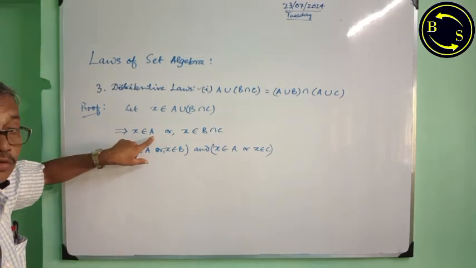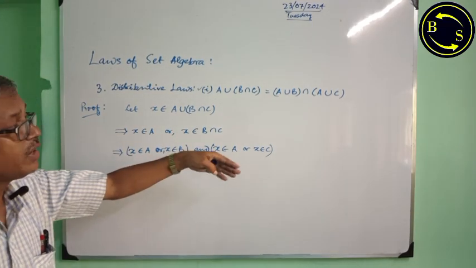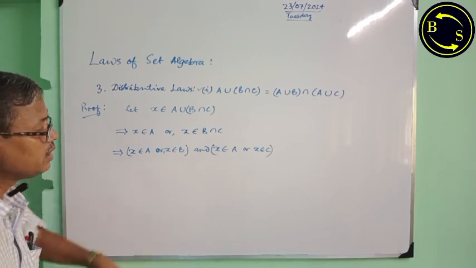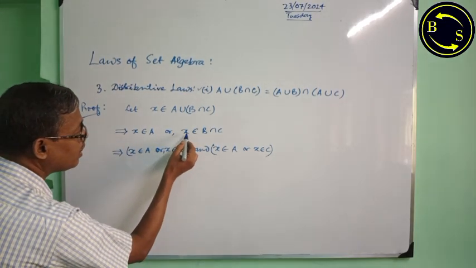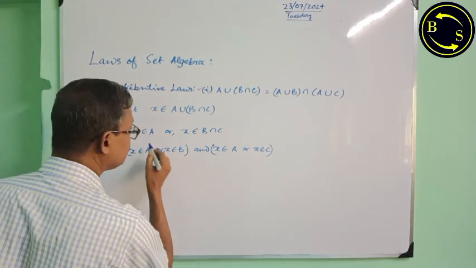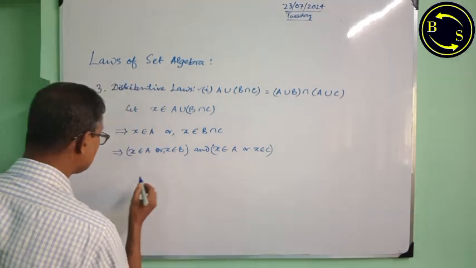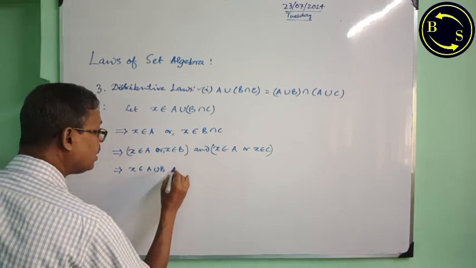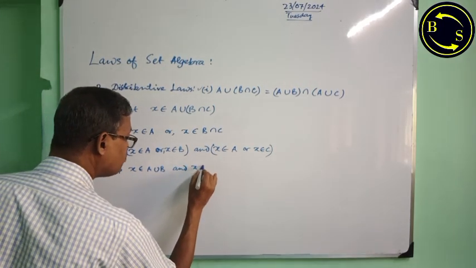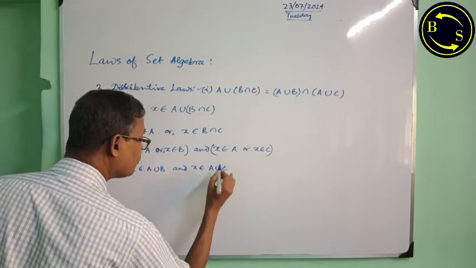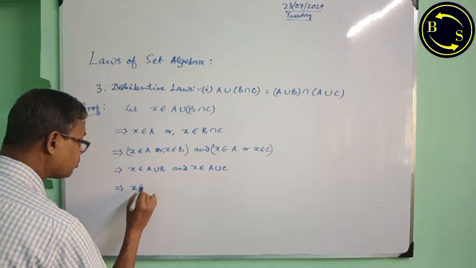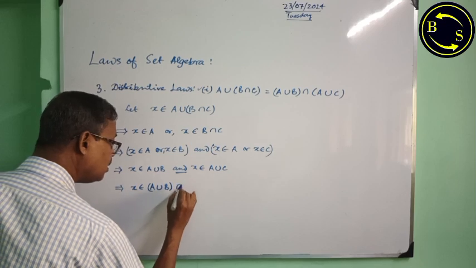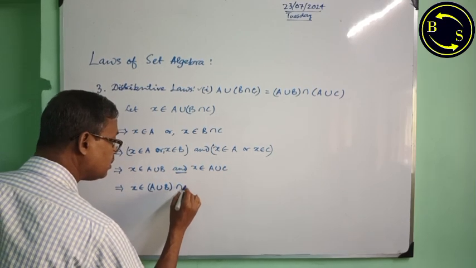X belongs to A. Here also you can take help of Venn diagram. By drawing Venn diagram on the right side, you first be sure that it will be the statement X belongs to A or X belongs to B, and we can say X belongs to A or X belongs to C. That is, X belongs to A union B and X belongs to A union C. Since there is intersection, we have to use here intersection.